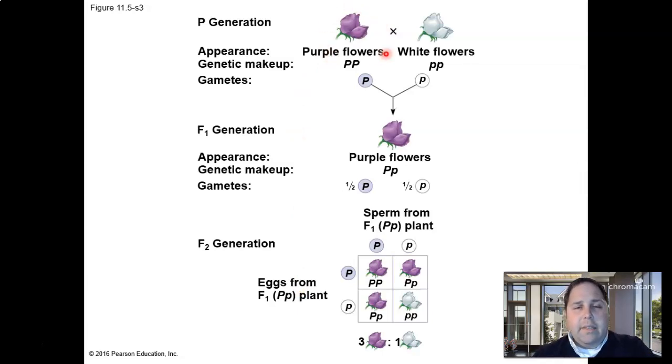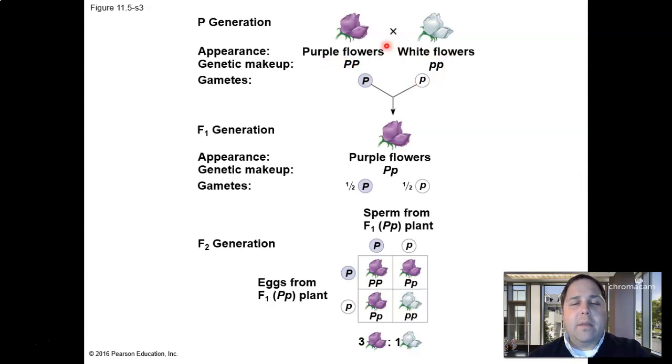You can see this, again, the same picture we saw before, but now we're going to show these genes, these alleles. So we're going to use, by convention, capital letters to represent dominant traits and lowercase letters to represent recessive. So a true breeding purple flower would be represented by a capital P, while a true breeding white flower would be represented by a lowercase p.